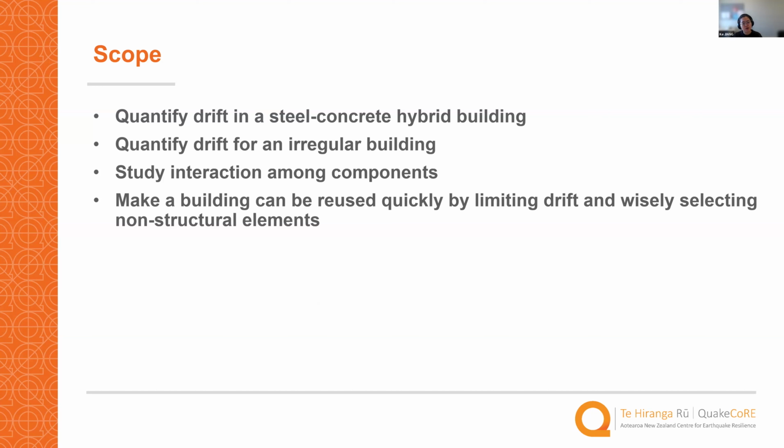And to study the interaction among different components, including both the structural components and the non-structural components. The final goal is to make a building that can be reused quickly by limiting drift and wisely selecting non-structural components. So those are the scopes of this test.